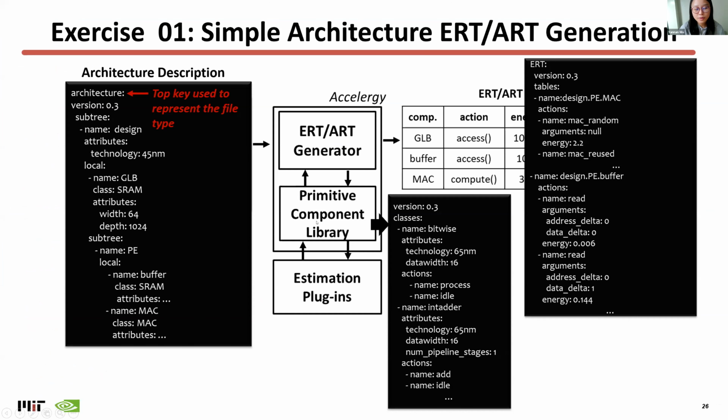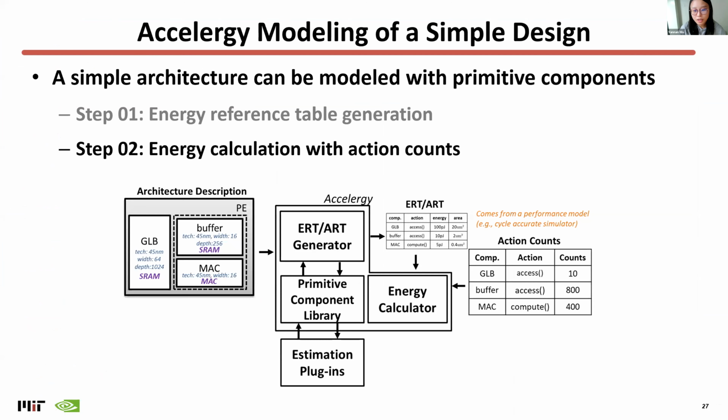Okay, so we have shown the very first step of producing the energy reference table. If you recall, we also have a second step where we have the energy reference table already, which records the static energy per action for the components. And we also take in an action count, which comes from a performance model, such as a cycle accurate simulator. It has the information about how many times each component is accessed or operated on during a run of a specific workload.